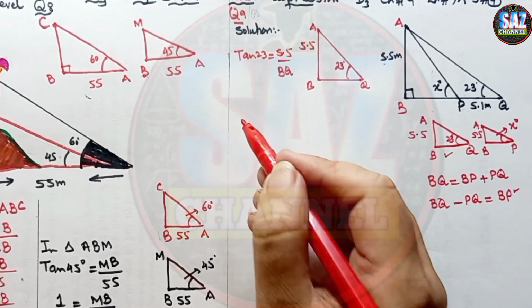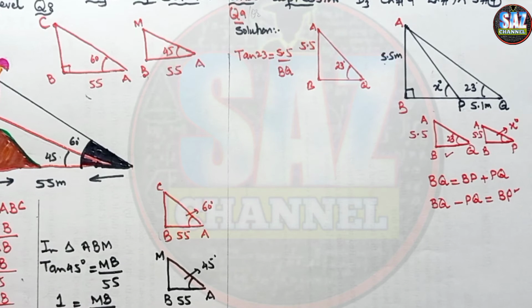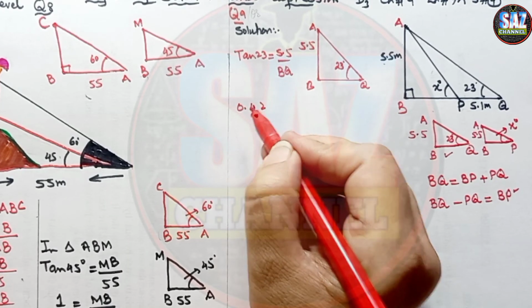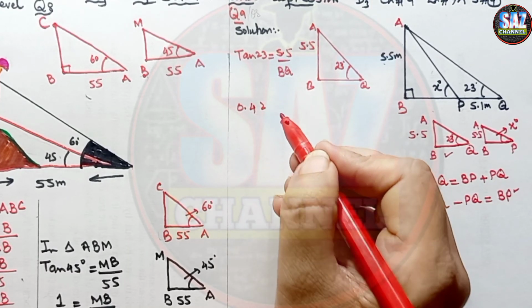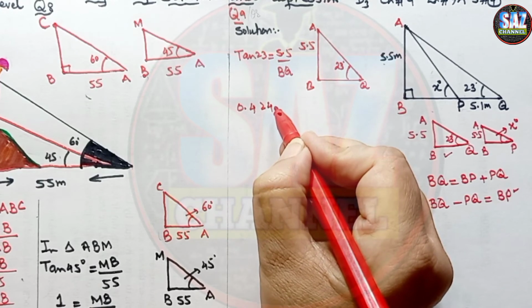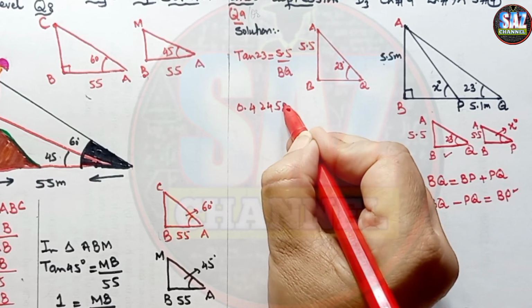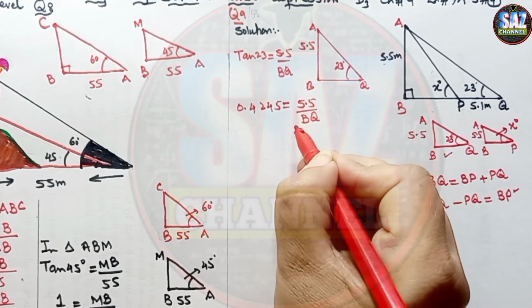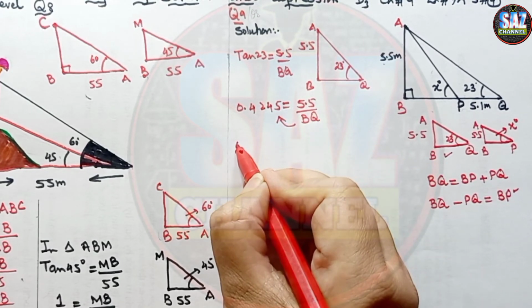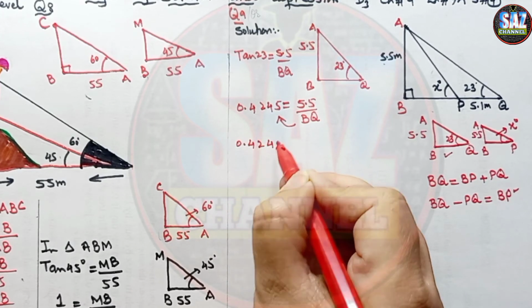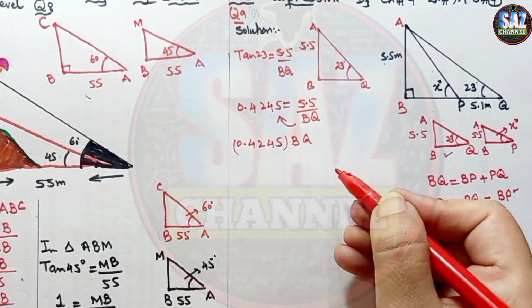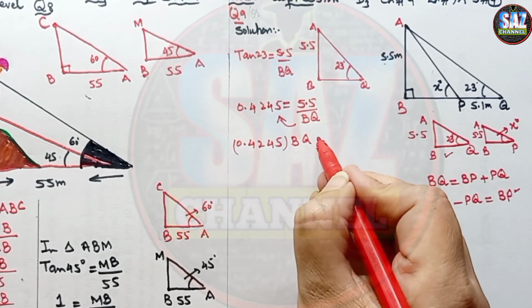Now, first let me check. Tangent 23 degrees is 0.4245, so 0.4245 equals 5.5 upon BQ. Shift BQ to other side: 0.4245 times BQ equals 5.5.